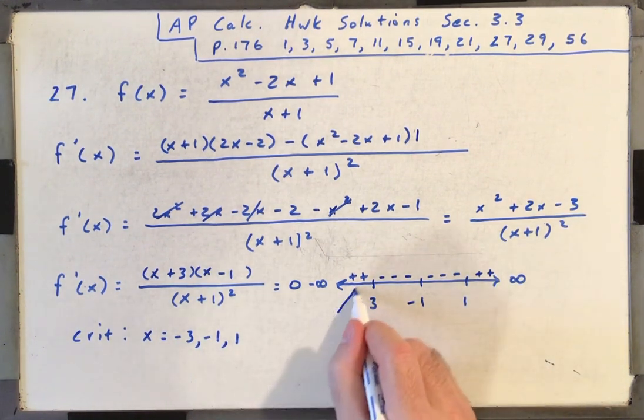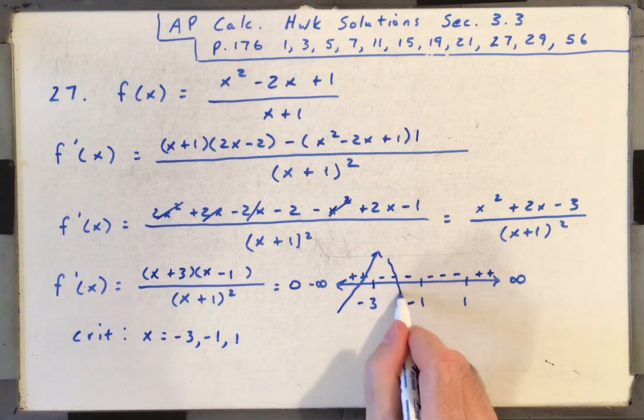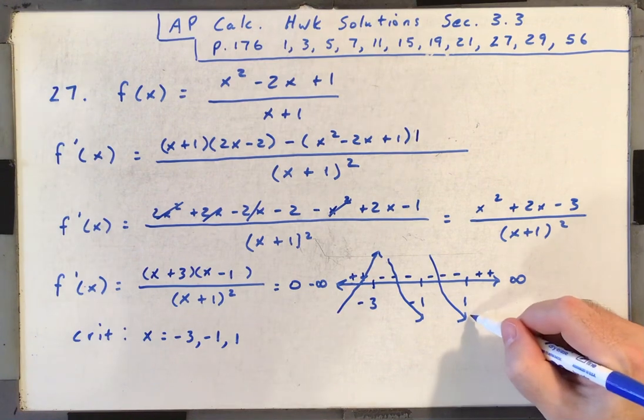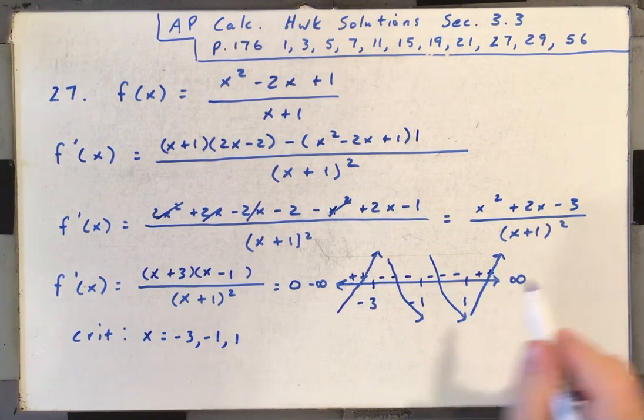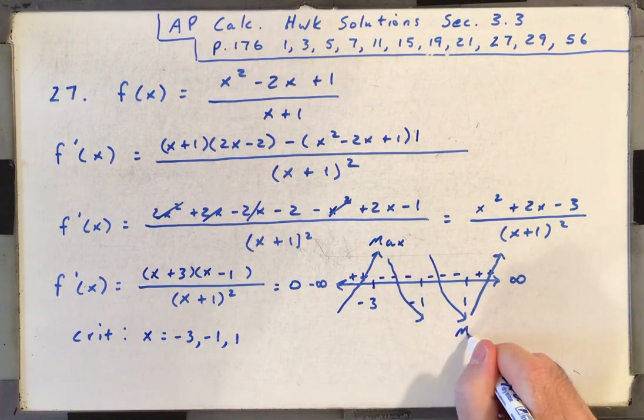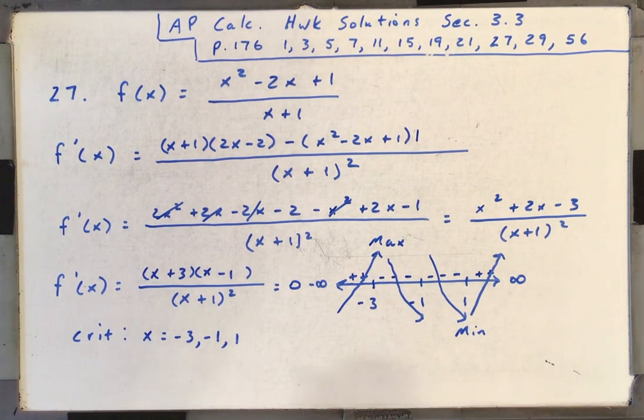So I've got up, down, down. Sorry about my messy arrows, up. So I have a max here and a min here. Okay, so I'm smushing this down at the bottom, but I think we can do it.